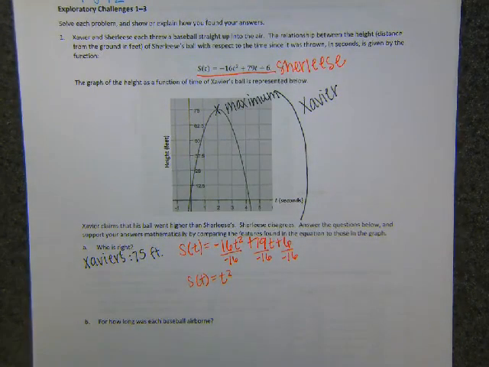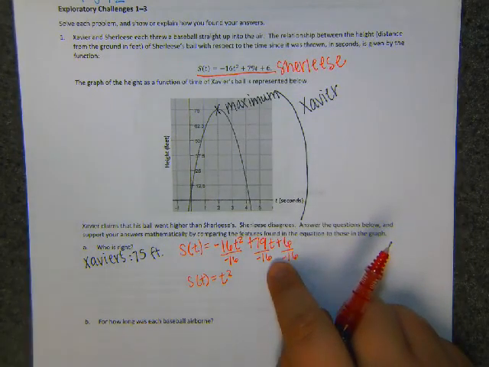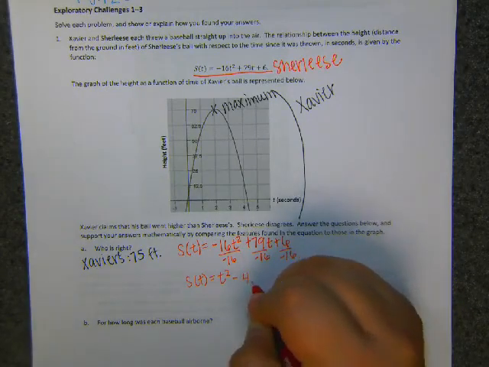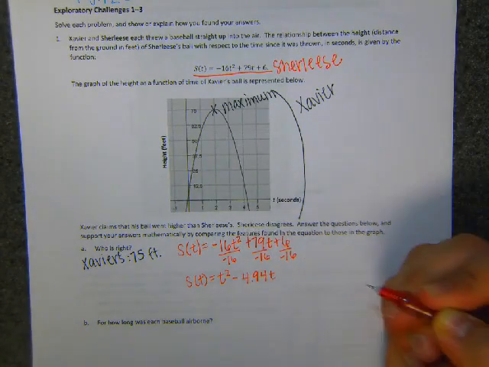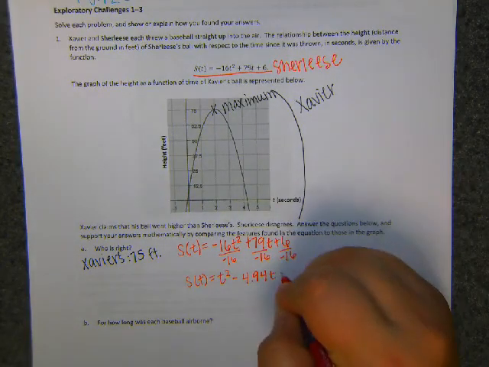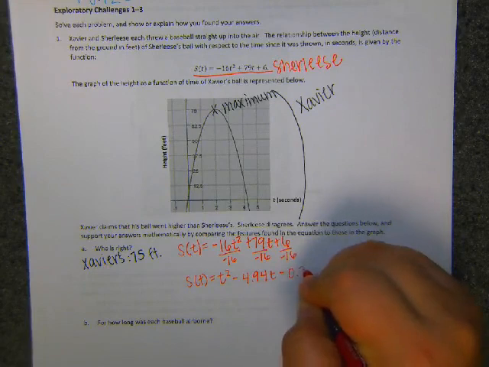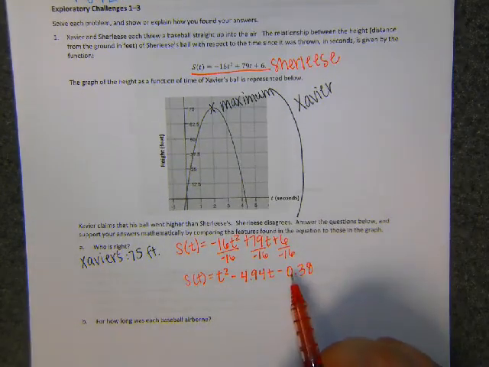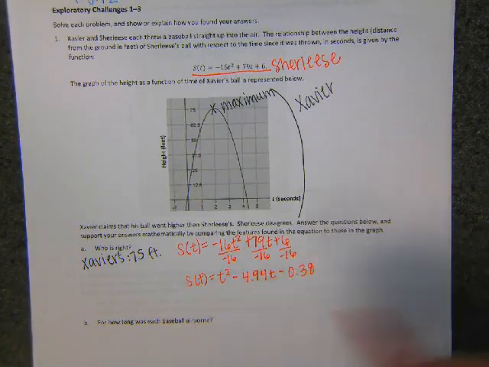Then 79 divided by negative 16, which I'm going to change to a decimal, gives us negative 4.94 t. And then 6 divided by negative 16 is negative 0.38.